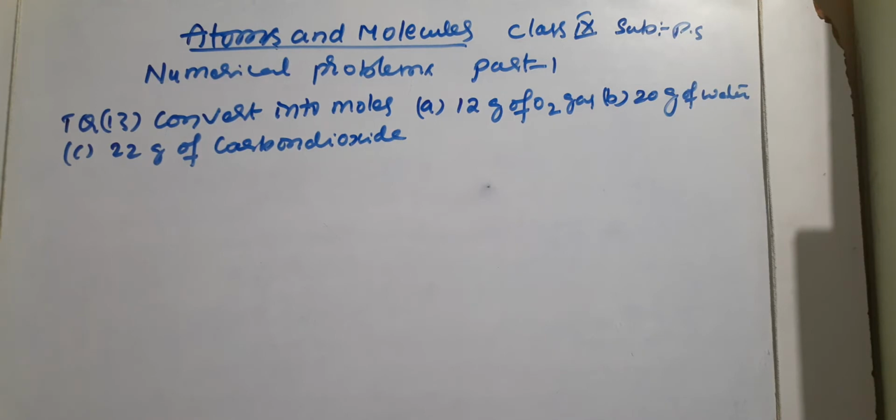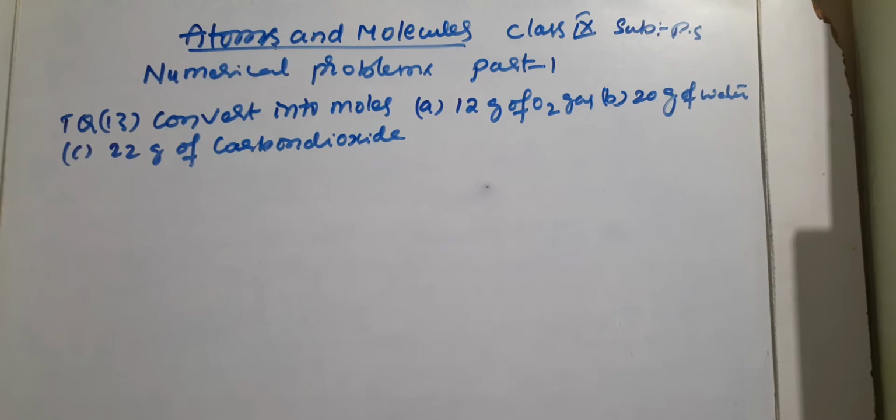So in this class we are going to learn about solving some numerical problems in 9th class physical science, in the chapter Atoms and Molecules. In textual question number 13, conversion of the given substances into moles.